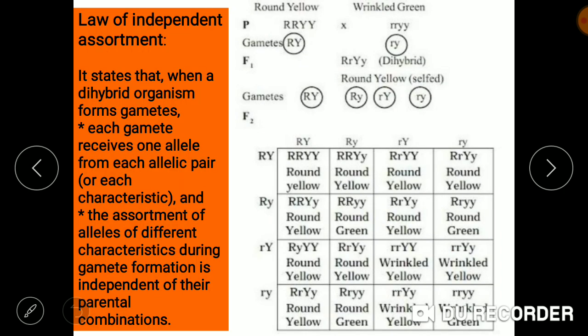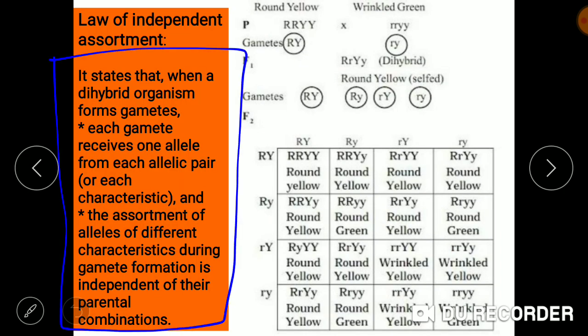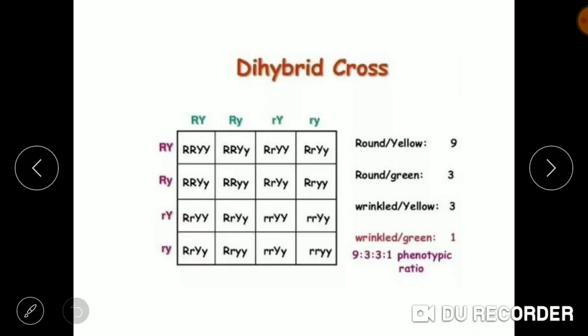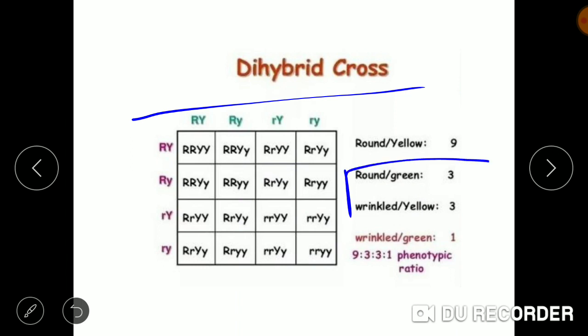So we concluded from the law of independent assortment that whenever a dihybrid organism is taken, each of the gametes will contain one allele from each character, and when the crossing is done between similar genotypes, or the selfing is done, then after the F2 generation we will see that the phenotypes obtained will be completely different.